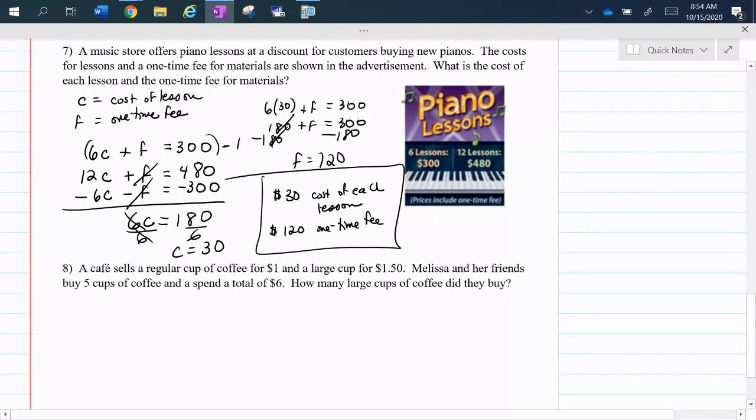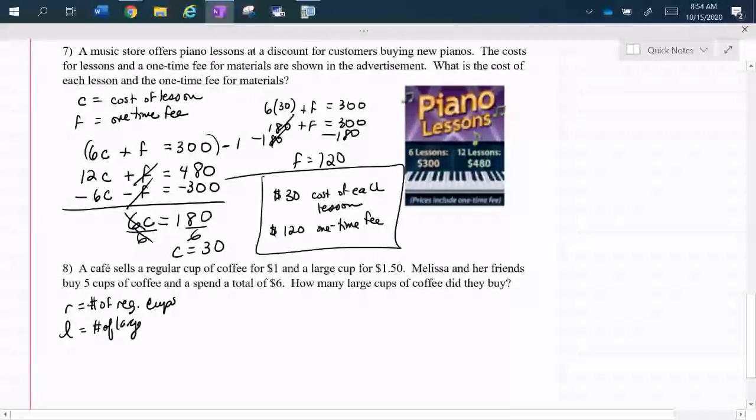How many large cups? Okay, so we've got 2 different unknowns here. How many large cups did they buy and how many regular cups? So we're going to call R the number of regular cups of coffee and L the number of large cups of coffee.